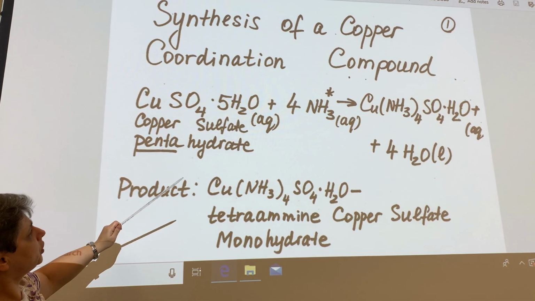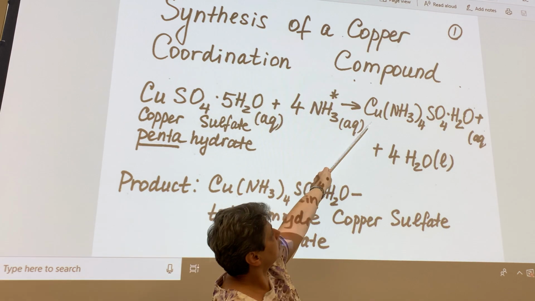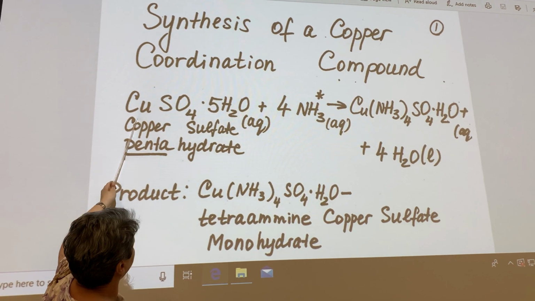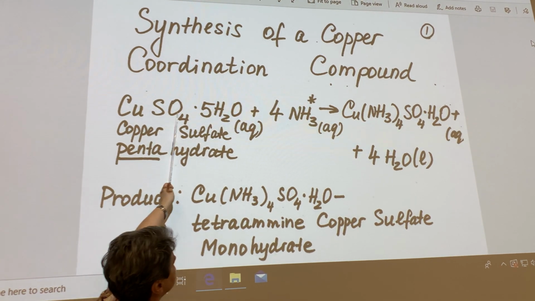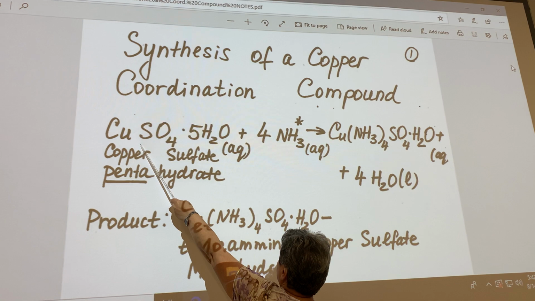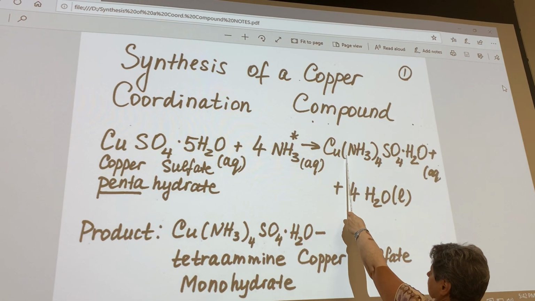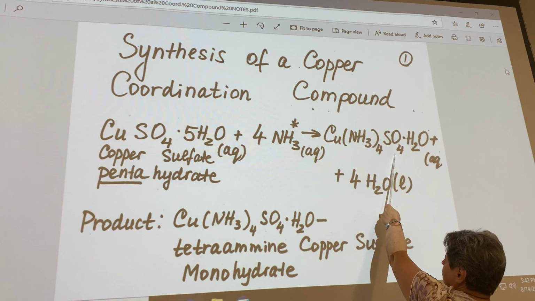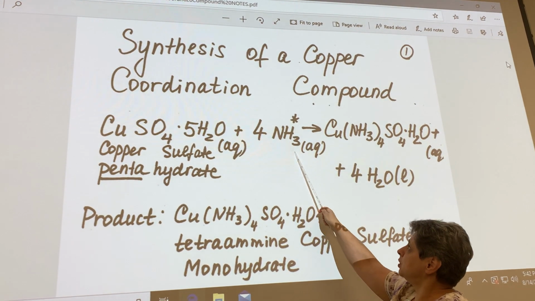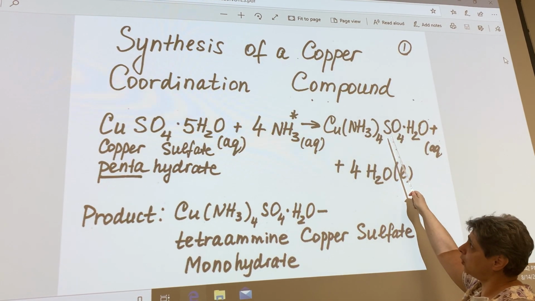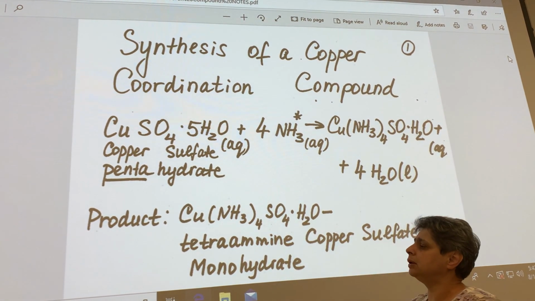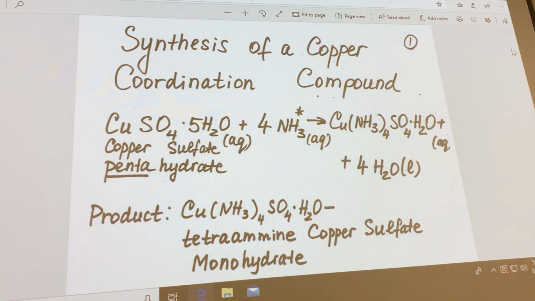So when considering how many moles of product can be obtained, if we start with moles of copper sulfate and we look at this reactant and the product, hopefully you can see it's 1 mole of copper sulfate producing 1 mole of the product. But 4 moles of ammonia produce 1 mole of product. So this 4 moles of ammonia has to be accounted for. How do we account for it?